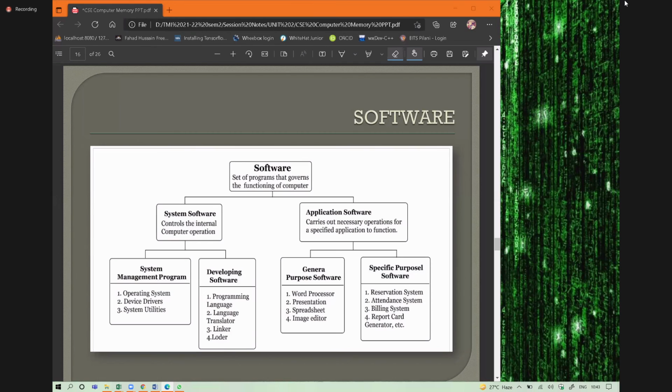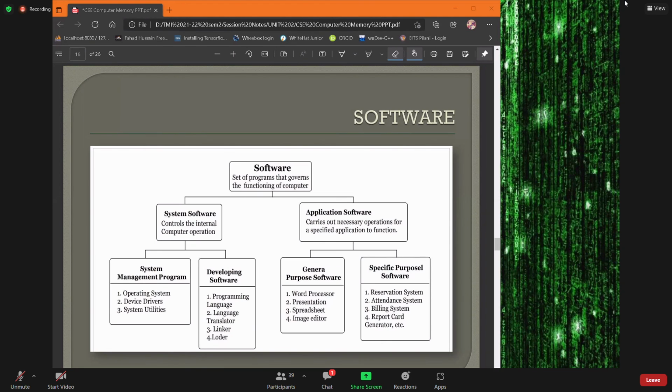What are the different types of memory? Explain in detail. This is the question.